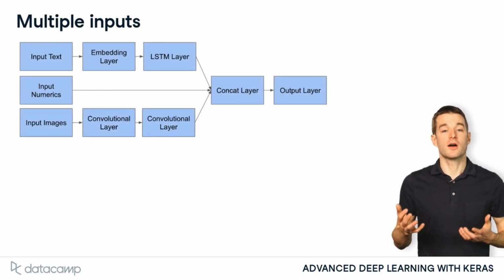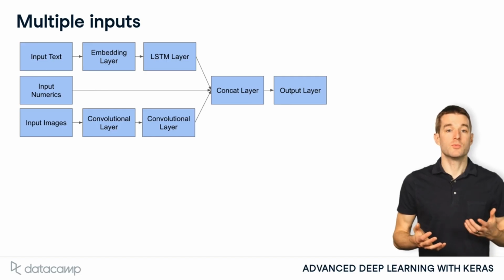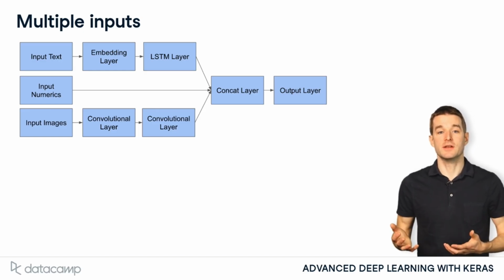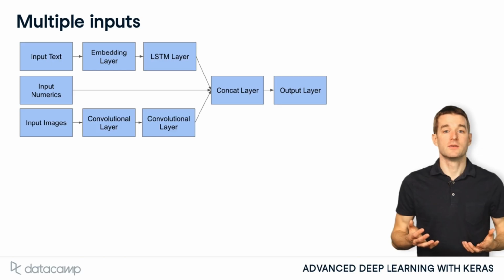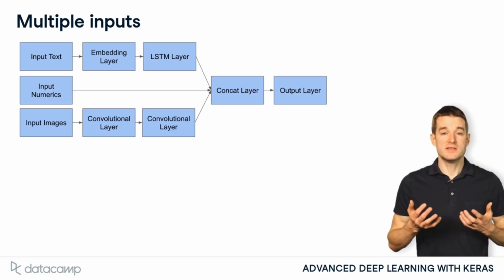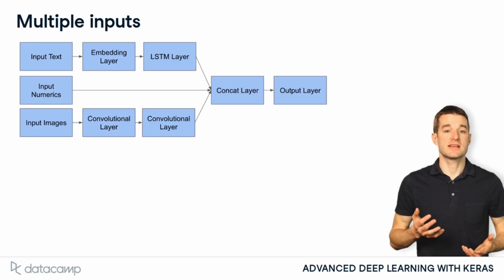Multiple input networks are especially useful when you want to process different types of data within your model. For example, in our basketball models, we process team IDs separately using an embedding layer. For numeric data, such as home versus away, we skipped the embedding step and passed it directly to the output.